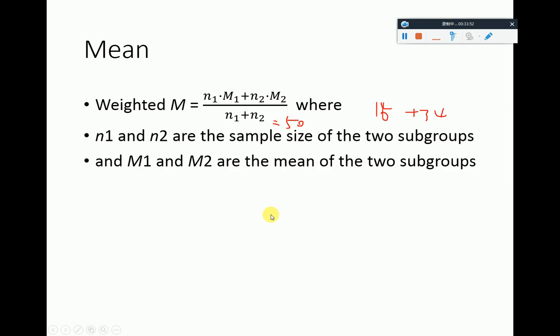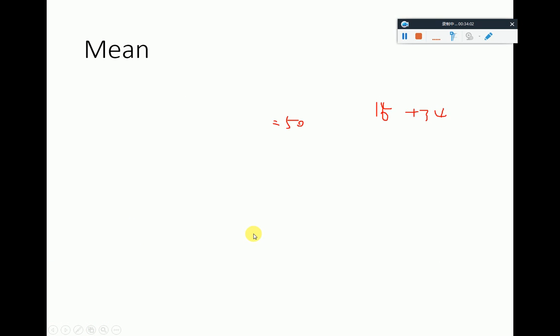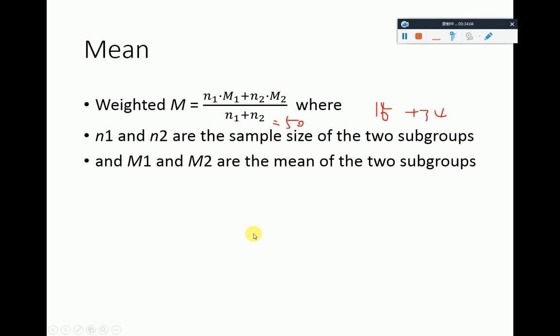So what are they in our previous example? 10.47 and 5.87, right? And now we know what N1 and N2 are.